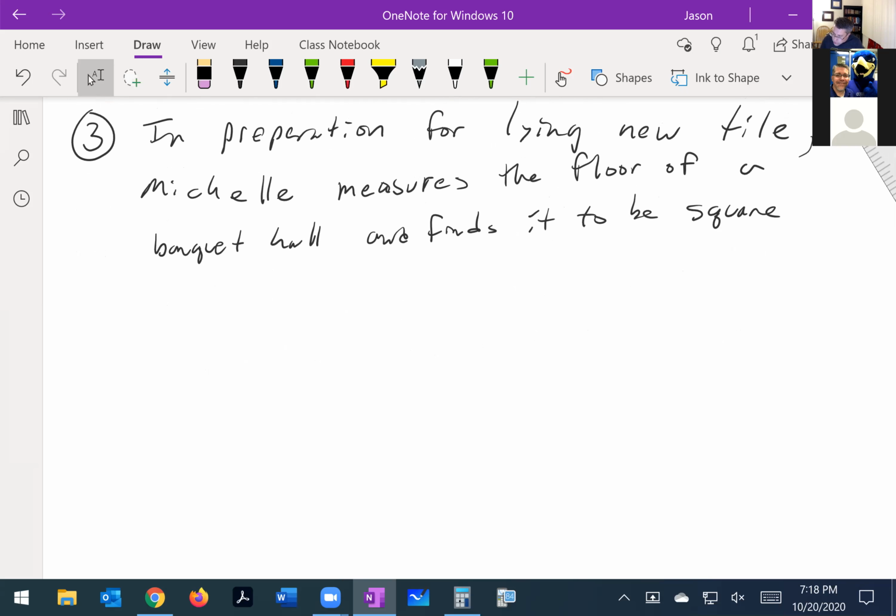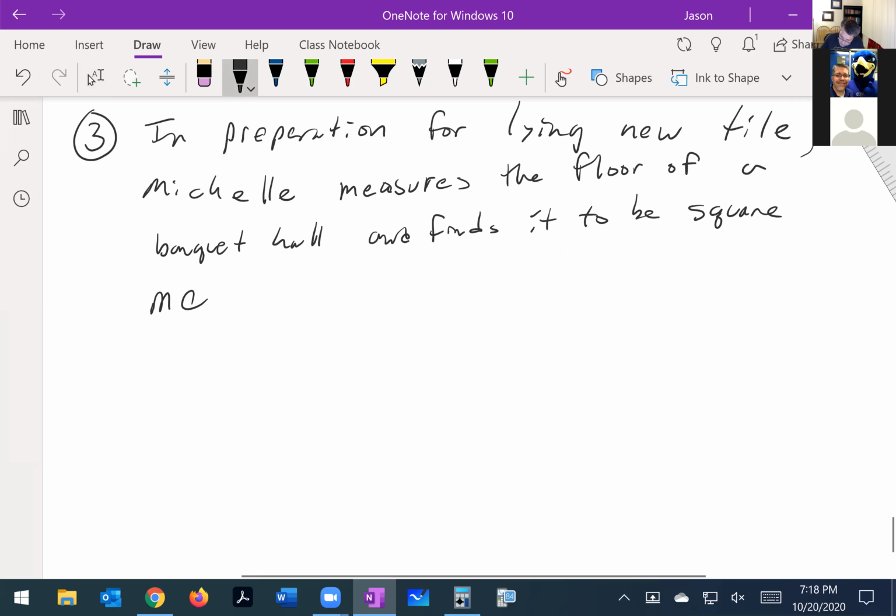Okay, in preparation for laying new tile, Michelle measures the floor of a banquet hall and finds it to be square, measuring 100 feet by 100 feet.